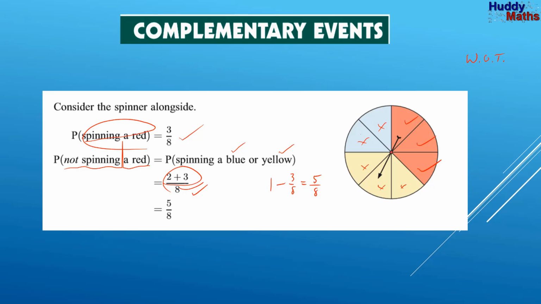You don't actually have to count them up. You could use the fact that not spinning a red is what's left from 1. That's called a complementary event. An event which is made up of the rest of the outcomes. Interesting, isn't it? I really want to work with you over the coming videos on your way of thinking. That's what WOT stands for.